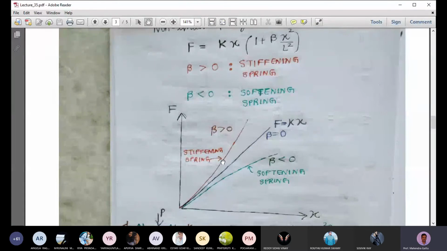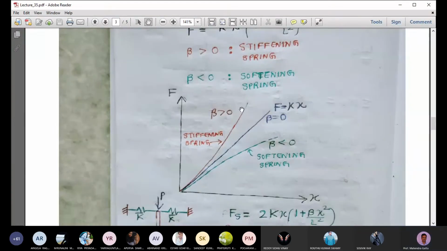Here the stiffness is increasing. The initial stiffness is simply k, and as the displacement increases, the stiffness of the spring increases. So it is more and more difficult to give a small incremental displacement. This is a stiffening spring.